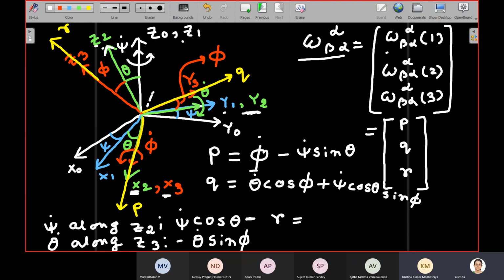R is along which direction? Z3. Then what will be the components along Z3? Psi dot cos theta cos phi.